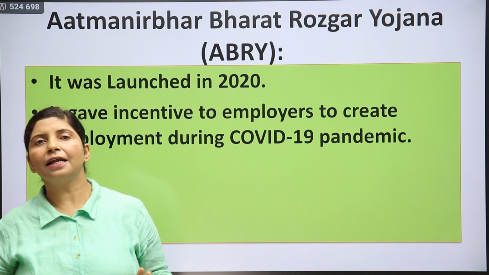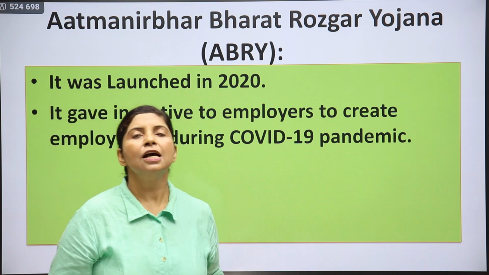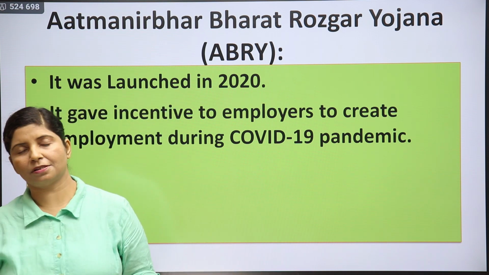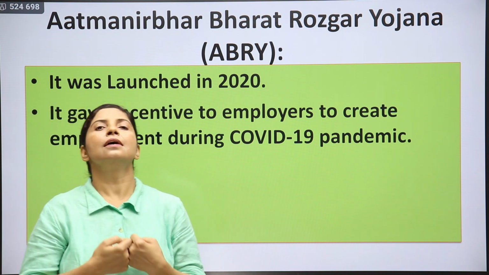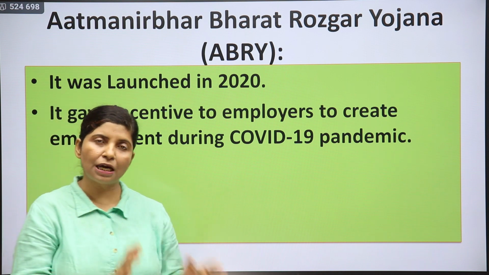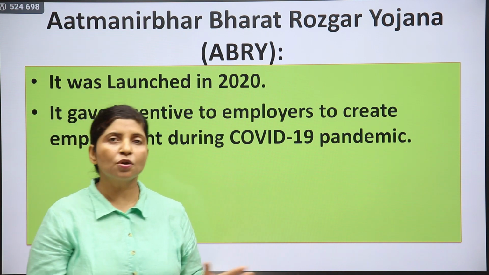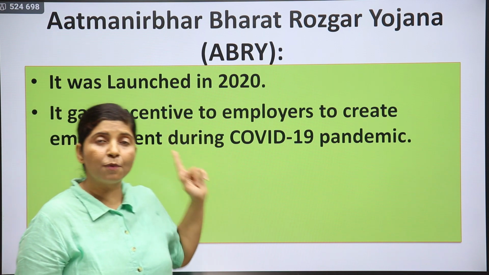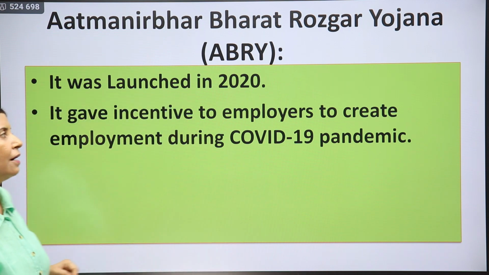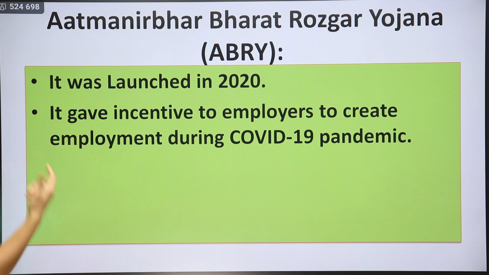So normally people shut down their businesses, but the government came forward to help these employers, these factory owners. It gave money to them, it provided assistance to them so that they could run their factories, run their organizations and provide employment to people during the COVID-19 pandemic. So it was for the help of employers or entrepreneurs or businessmen.